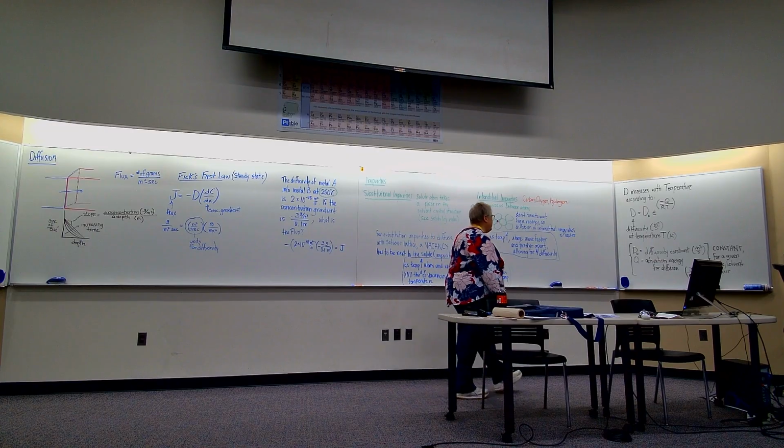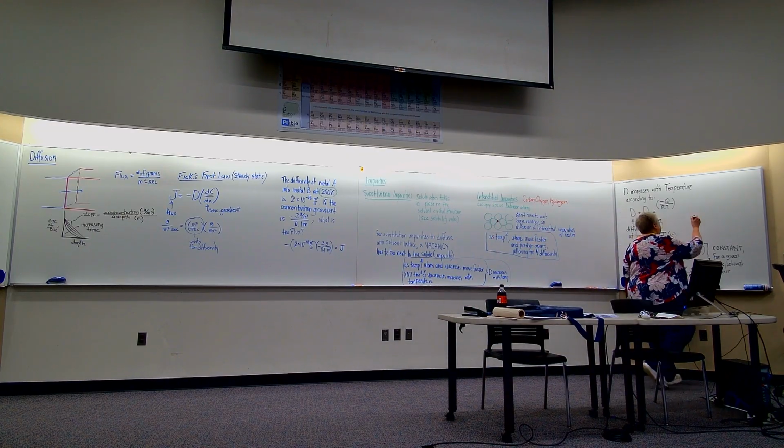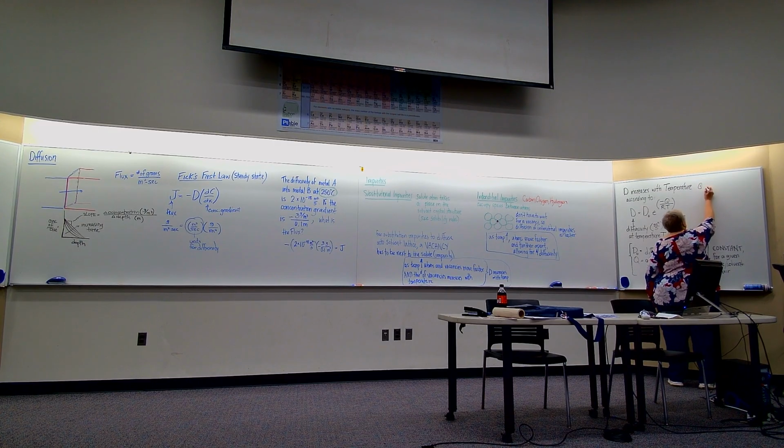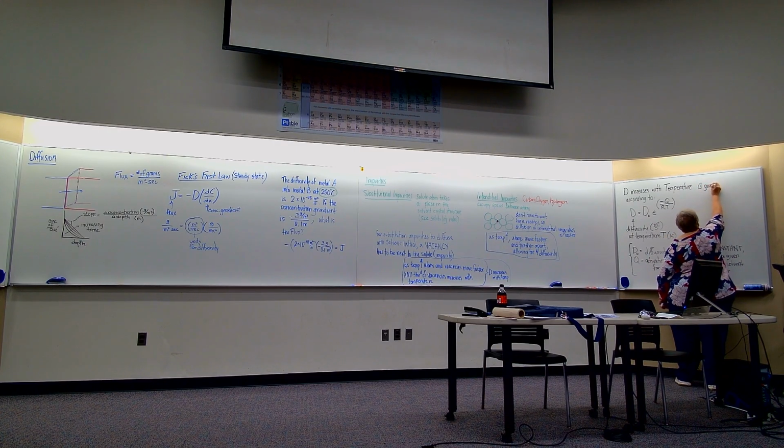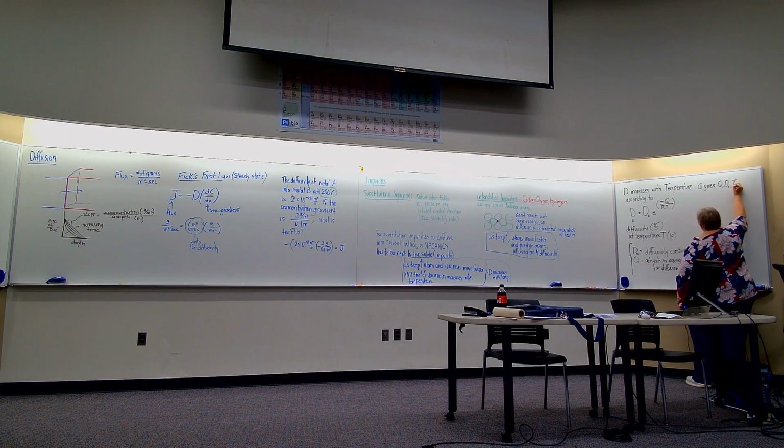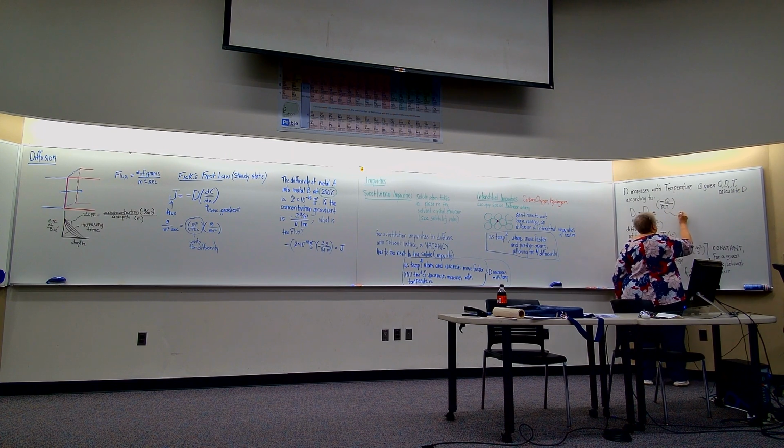So the kinds of versions of this kind of a question might be, the simplest version would be given Q, D0, and T, calculate D. And I should have said, this R is the gas constant, which is 8.31 joules per mole Kelvin.